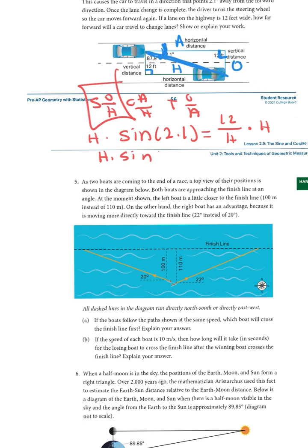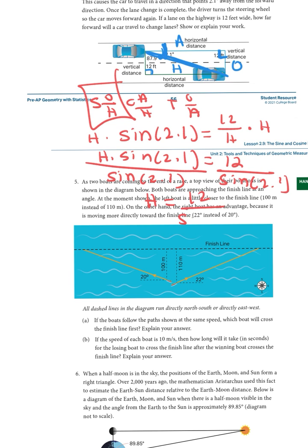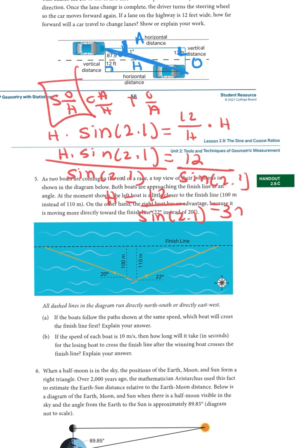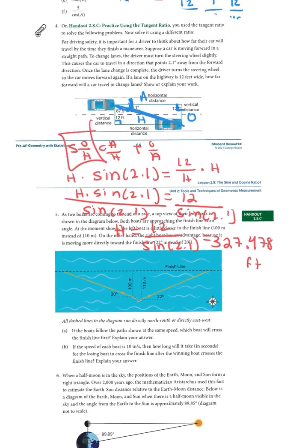H times sine 2.1 is equal to 12. And then I have to isolate the H, so divide by sine 2.1 on both sides. And then I get that H is equal to 12 over sine 2.1, which is equal to, oh my god, I didn't write it down. Let me calculate that real quick. 327.478 feet. Okay, so that's how you do that one.